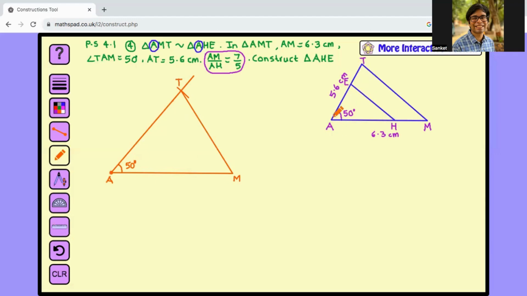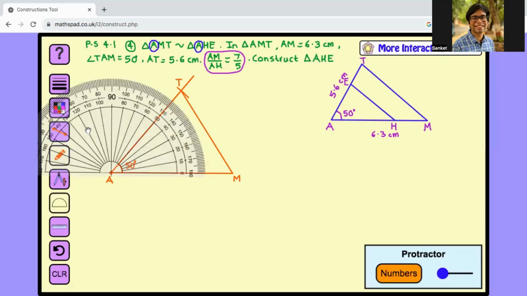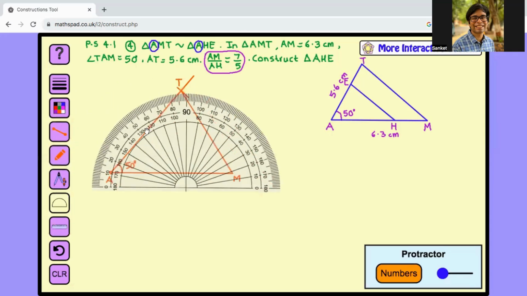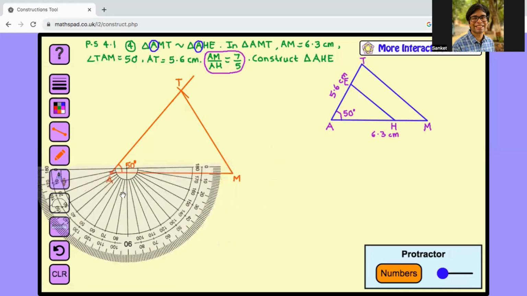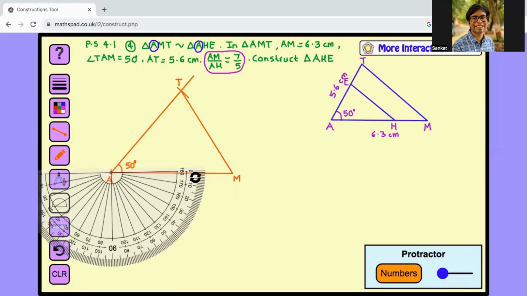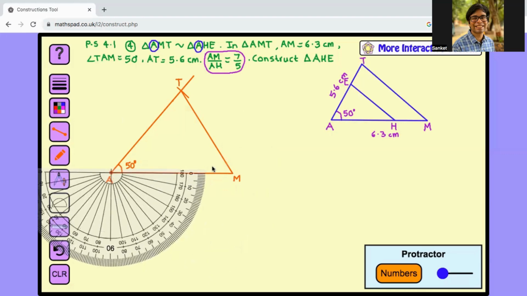Now the smaller triangle AHE is going to come somewhere inside this. So we need to locate point H here and point E here. For that, I'll begin my construction now. I'm going to take my protractor and align the center of the protractor with point A. And I'm going to mark a 30-degree angle.